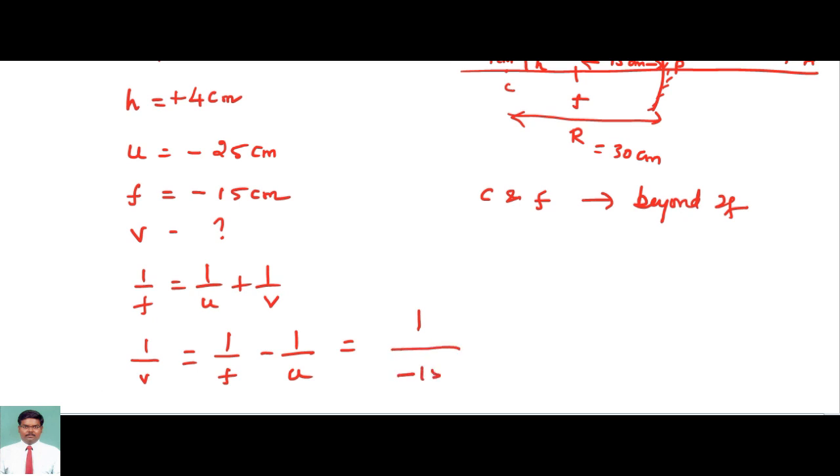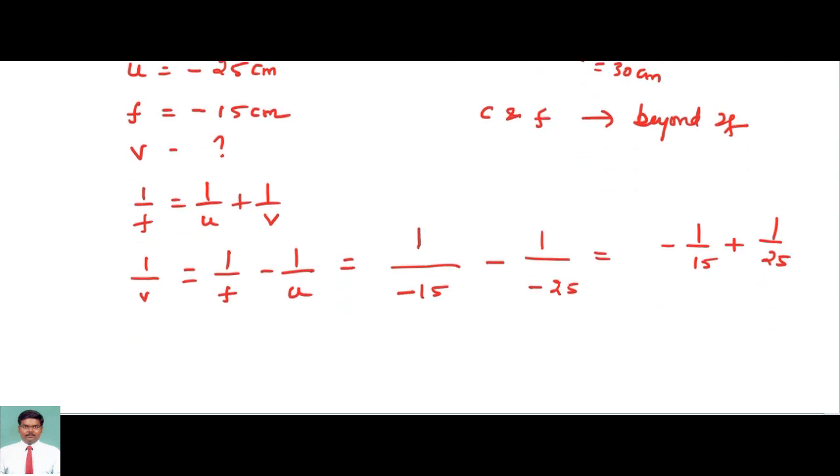It will be minus 15, and then minus 1 by the value of u, which is minus 25. It will be equal to minus 1 by 15 plus 1 by 25.